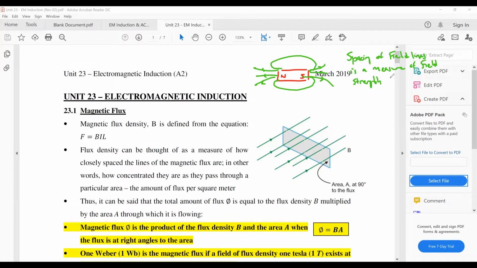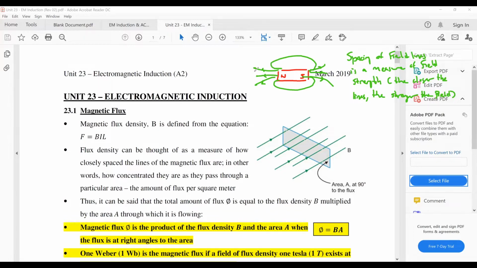So what was mentioned to you then was that the closer the lines are to each other, the stronger the field, and vice versa. So the idea was that you can represent a magnetic field using field lines, and the spacing of the field lines will be a measure of your field strength.